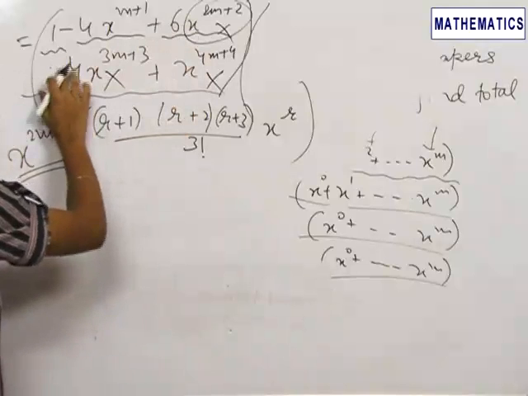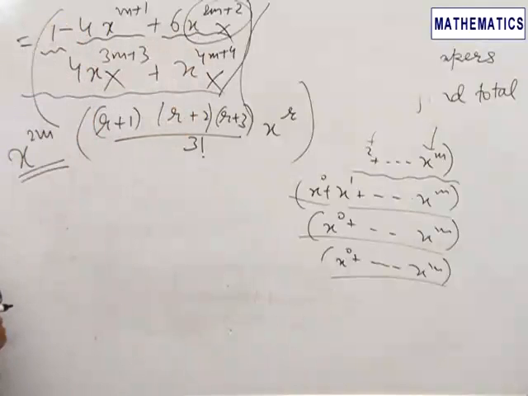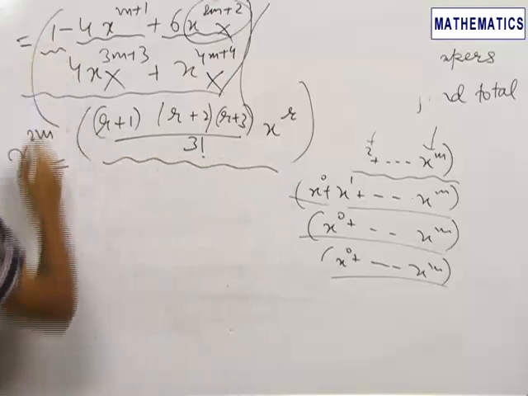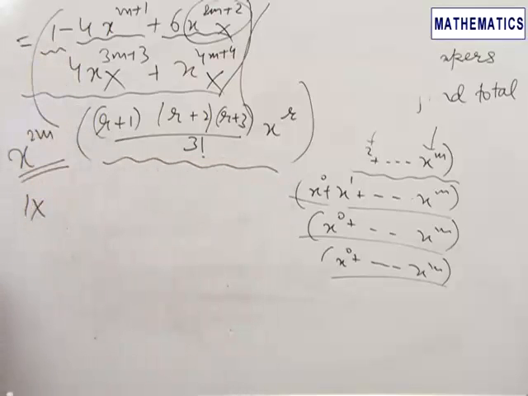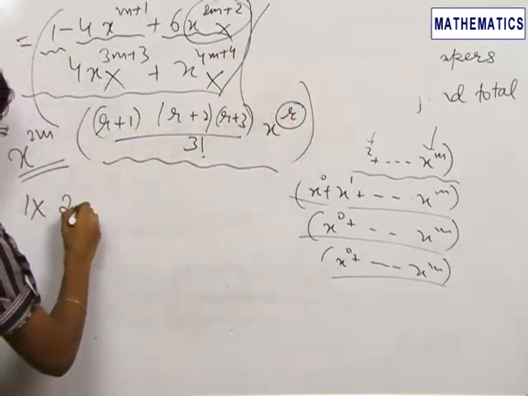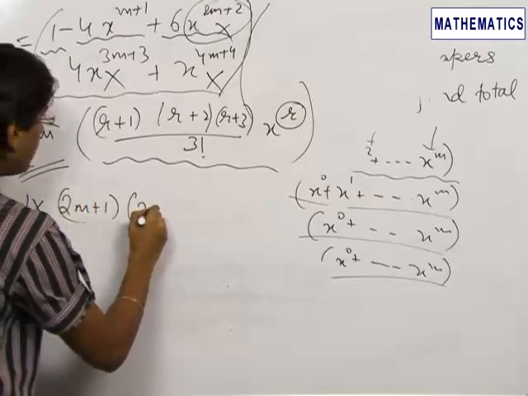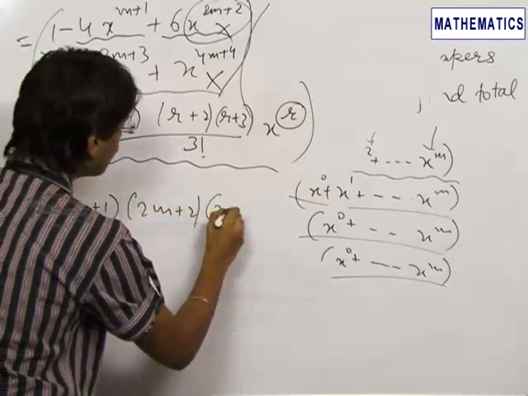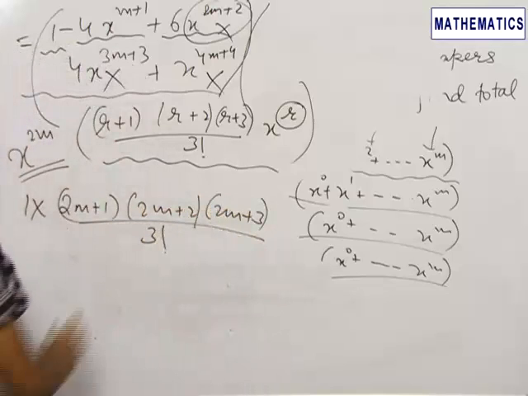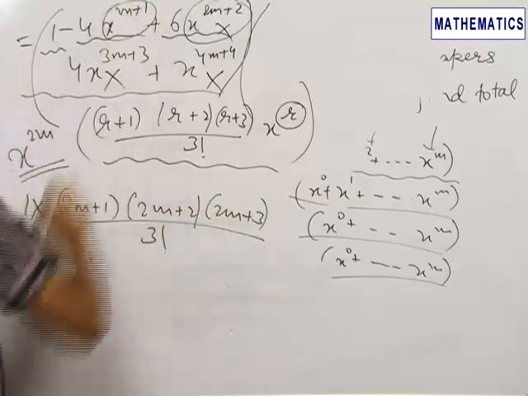We already have x^0 over here, so we require x^2m from this bracket only. So we have 1 into x^2m, so we put r equals 2m, so this becomes (2m plus 1)(2m plus 2)(2m plus 3) upon 3 factorial, and over here we already have m plus 1.